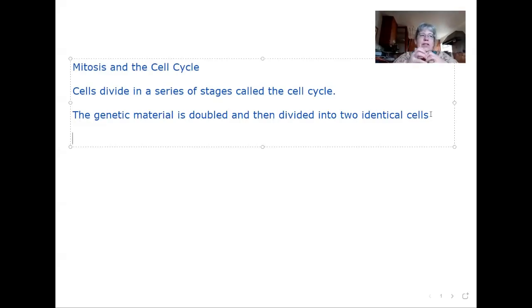Otherwise, if it divides too rapidly, you can end up running out of your subcellular structures, like your ribosomes and mitochondria.